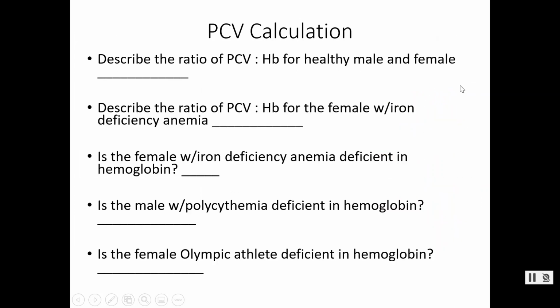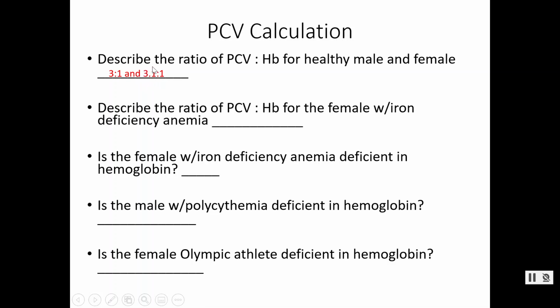All right. Describe the ratio of PCV to hemoglobin for healthy males and females. Our chart said the males was a 3-to-1 ratio and the females was a 3.1-to-1 ratio. Okay. Why was the female ratio just a tiny bit higher? Remember, we talked about males just having more blood.